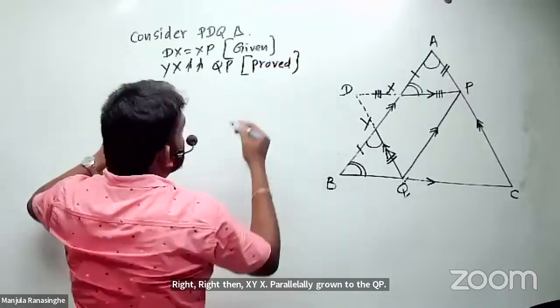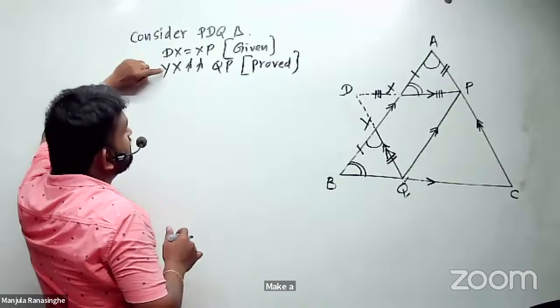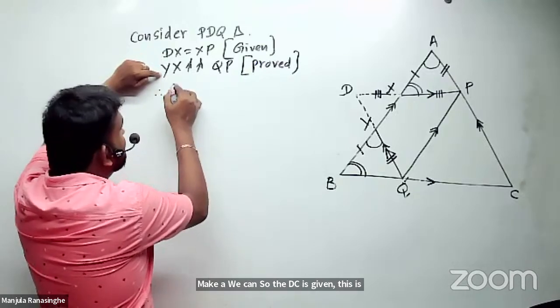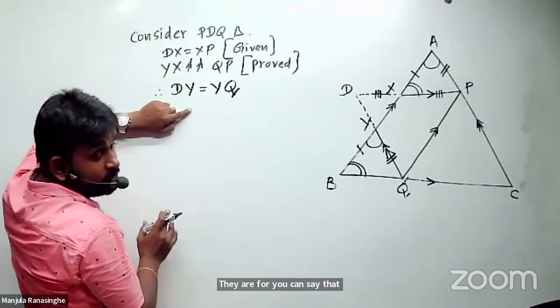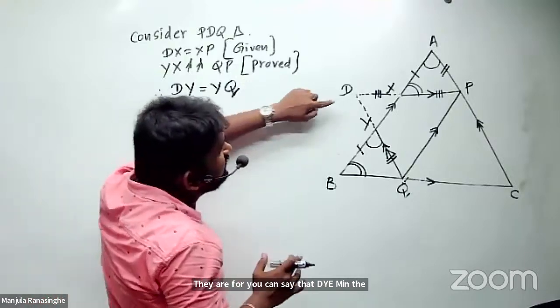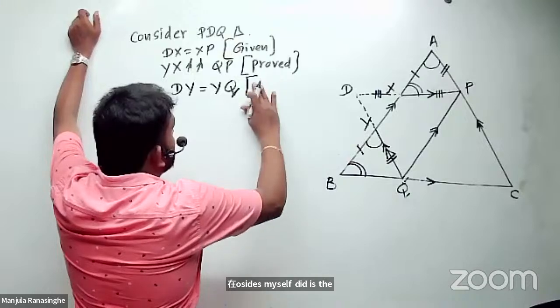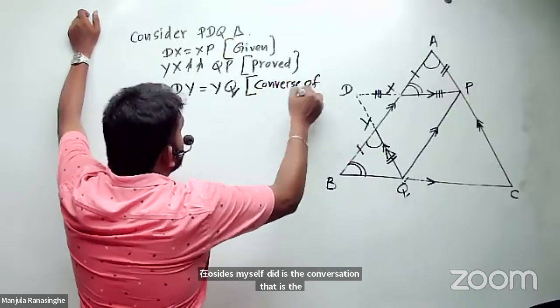So this is given, this is proved, right? Therefore, you can say that DY equals YQ. That is the outcome, right? The third side is bisected. That is the converse of the midpoint theorem, not the midpoint theorem. First apply the converse of the midpoint theorem.